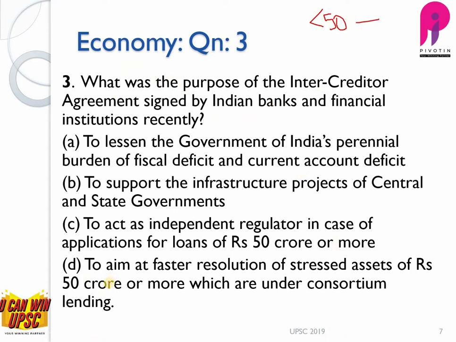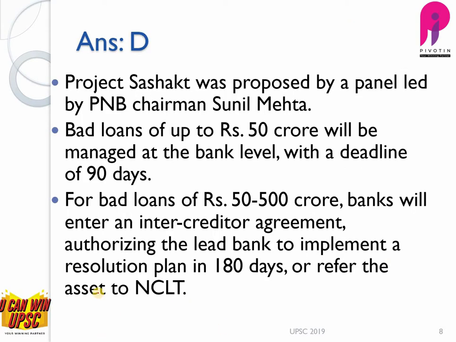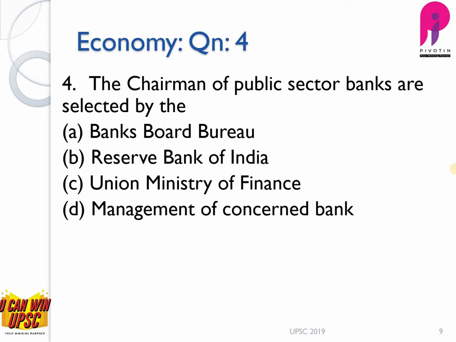And hence the answer to this question is actually D, to aim at faster resolution of stressed assets of 50 crore or more which are under consortium lending. You see, for bad loans of 50 to 500 crores, banks will enter into an intercreditor agreement and they will authorize the lead bank to implement a resolution plan.